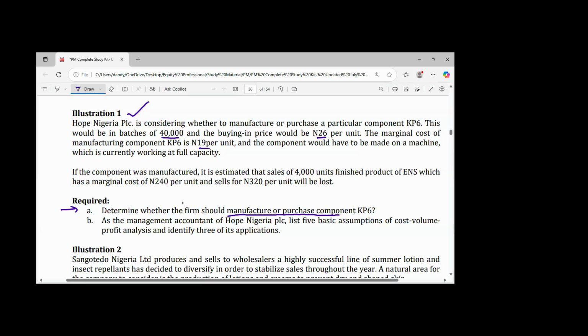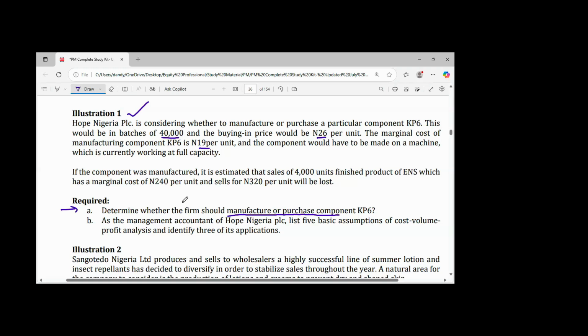And the component will have to be made on a machine which is currently working at full capacity, okay? If the component was manufactured, it is estimated that sales of 4,000 units of finished product of ENS, which has a marginal cost of 240 per unit and sells for 320 naira per unit, will be lost.